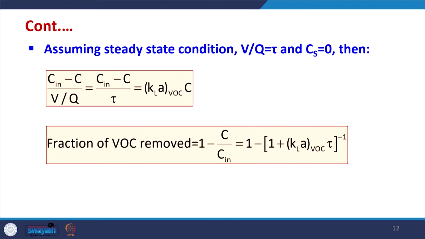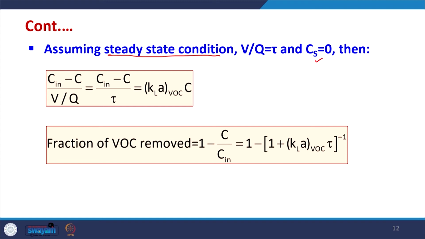If this is known, we go further ahead and assume steady state condition. When the steady state condition is reached, the concentration will drop to a certain value. Also we can presume that the saturation concentration of the VOC in the water is approximately 0, it will be around some ppm, so we may take that to be 0.